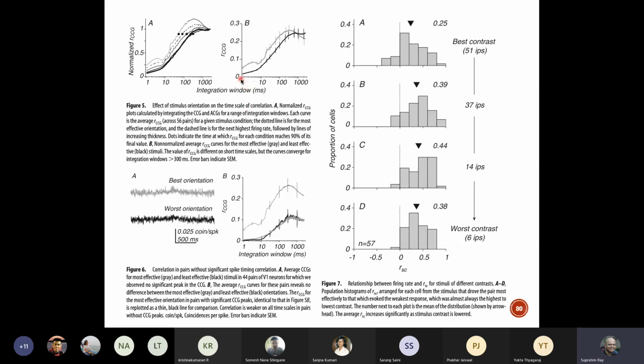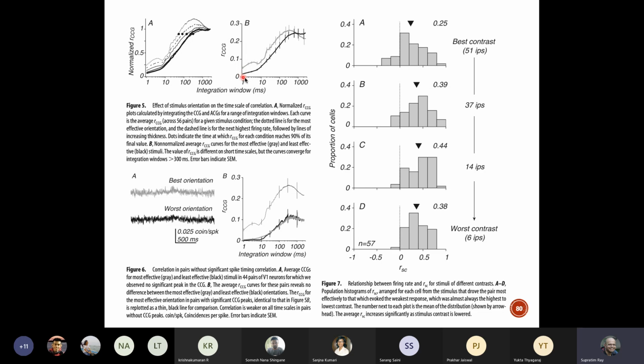And these guys even did this integration over varying windows. So you change the window of integration. The best orientation is shown here in light gray. The worst orientation is dark. If you had computed the spike count correlation over small intervals like 1 to 10 milliseconds, you would see the difference.